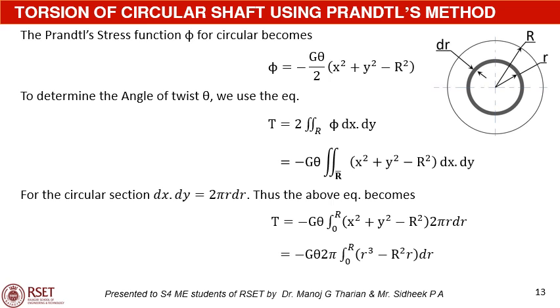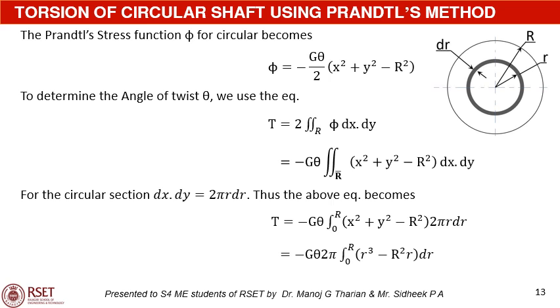Thus, the double integral over the region R bar (x square plus y square minus r square) into dx dy becomes integral 0 to R (x square plus y square minus r square) into 2 pi r dr.